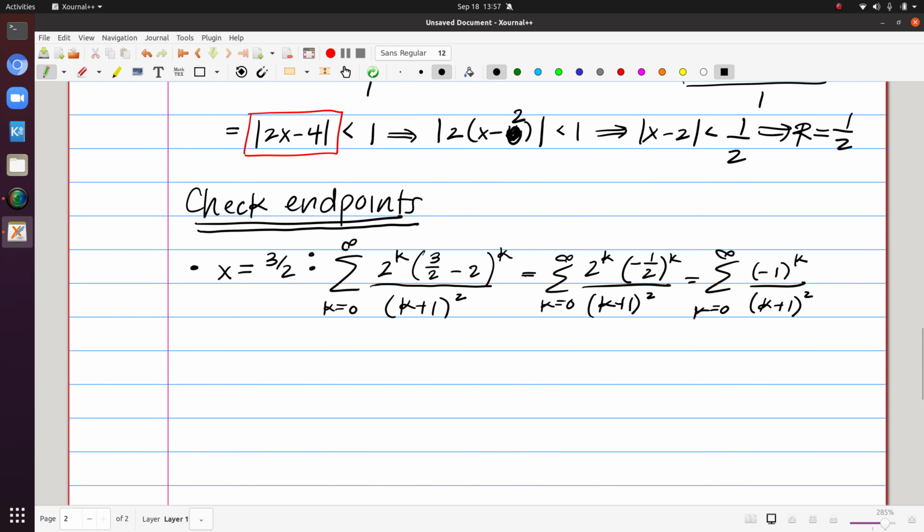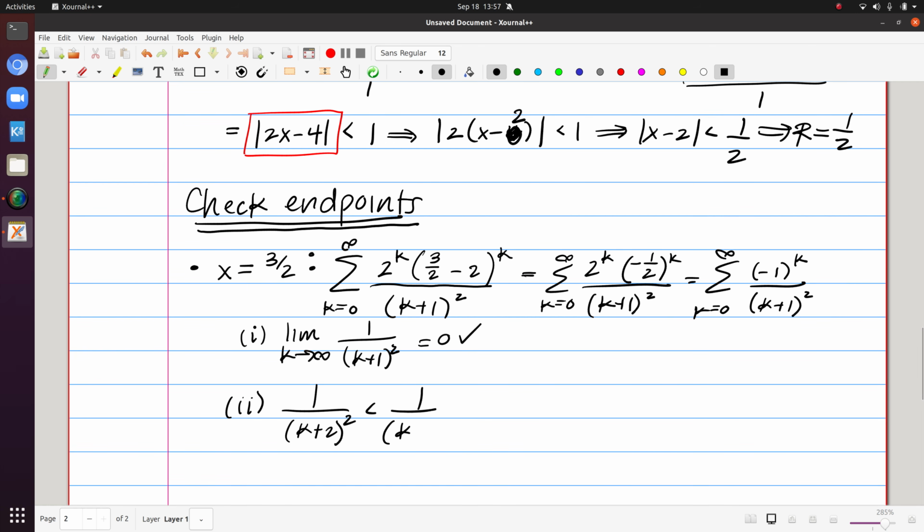Now, this is an alternating series. So if I need to decide if this series converges or diverges, I can simply check the conditions of the alternating series test. So one is that the terms in magnitude go to 0 as k goes to infinity. We can see that that's true. And the other is that they are decreasing in size. And so by recognizing that the denominator on the left is larger here, I can see that's true as well.